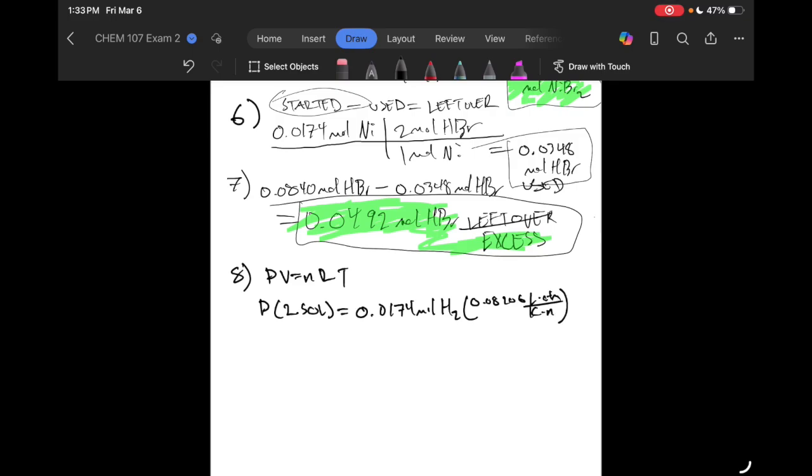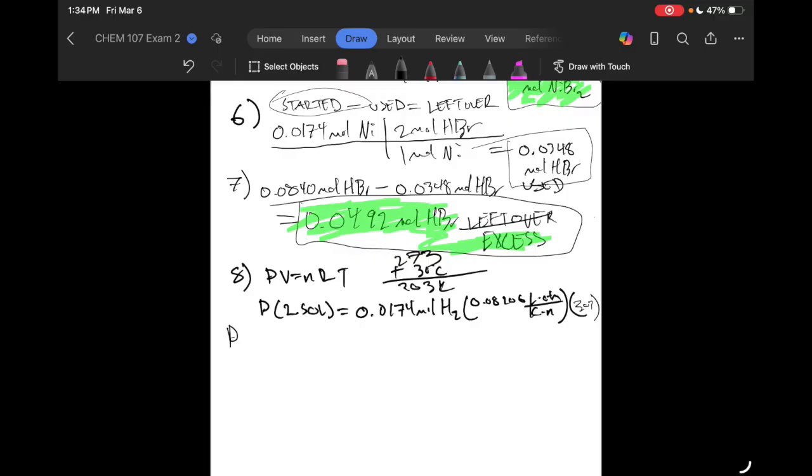And then we multiply this by our temperature, which was 30 degrees Celsius, but in PV = nRT it has to be in terms of Kelvin, so we just add 273. So it's going to be 303 Kelvin.